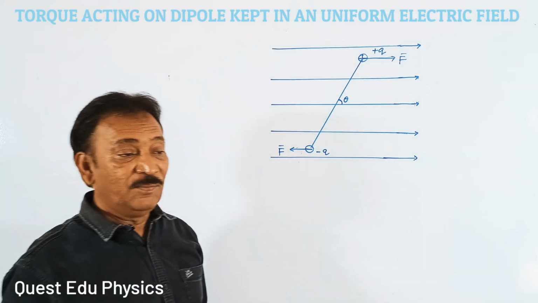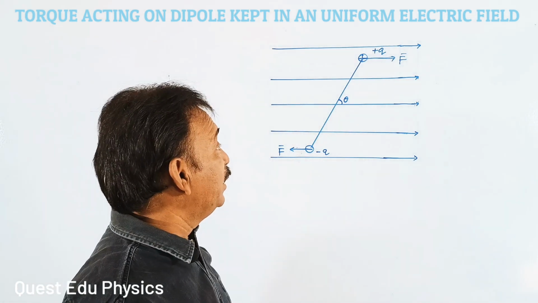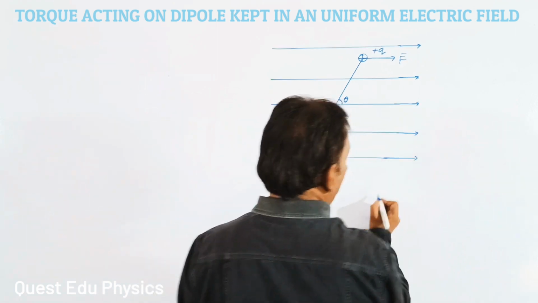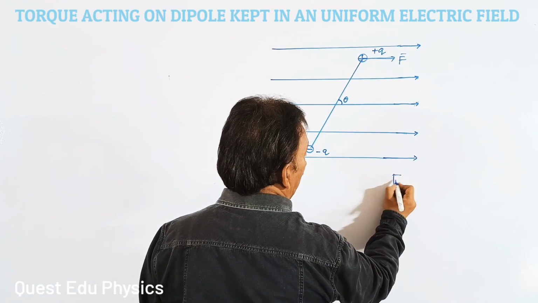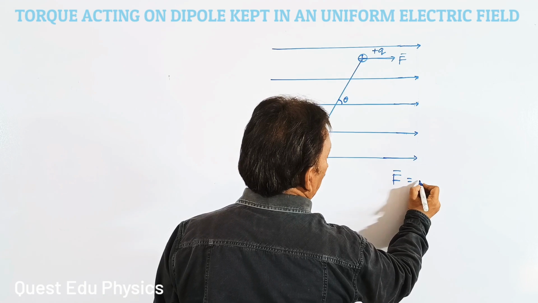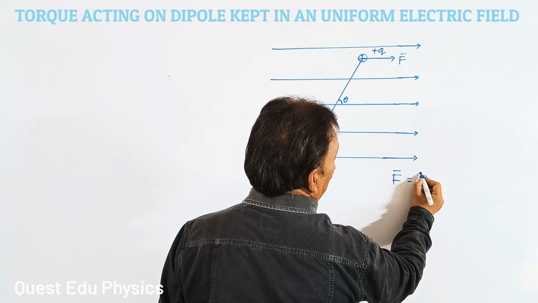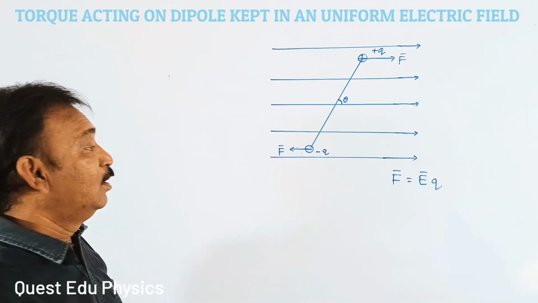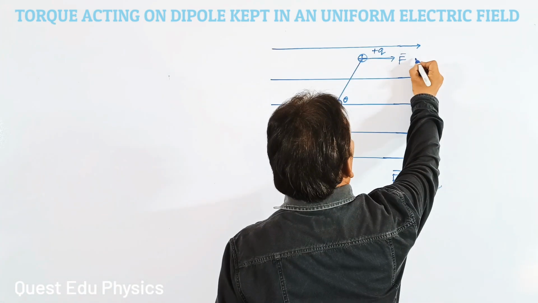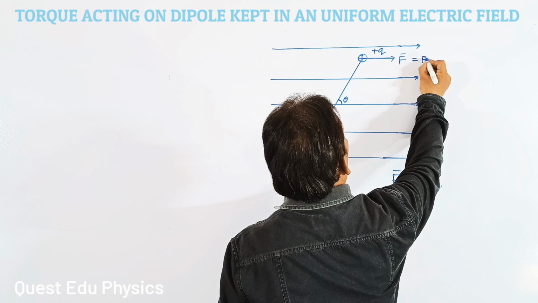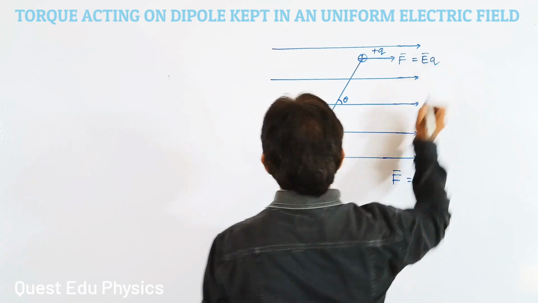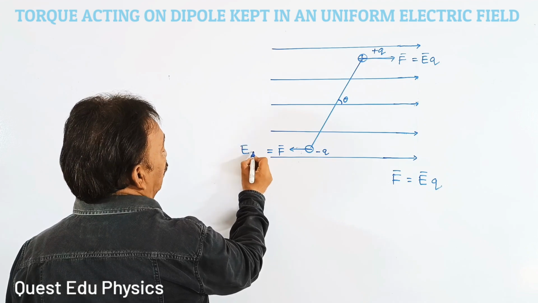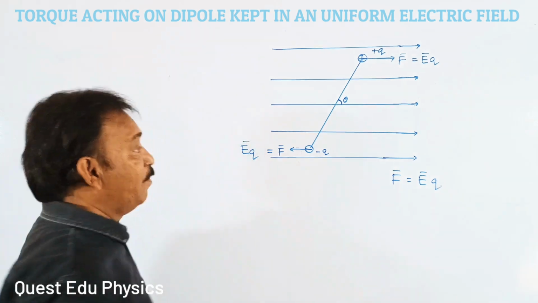When a charge is kept in an electric field, it experiences a force, and you have learned that force F bar is equal to E bar multiplied with Q. Here it is also equal to E bar into Q.